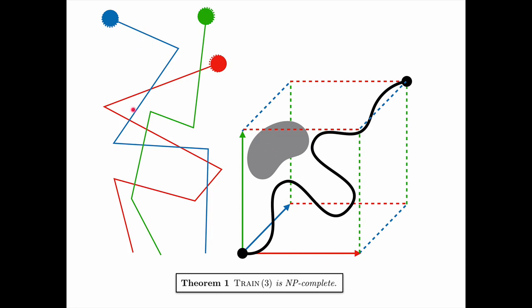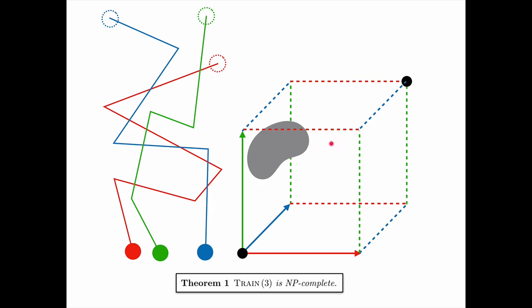And furthermore, as we want to compute a schedule moving all trains as fast as possible from their start positions to their target positions, which means a schedule with a minimal makespan, we want to compute a shortest 3D path from the bottom left corner to the top right corner.